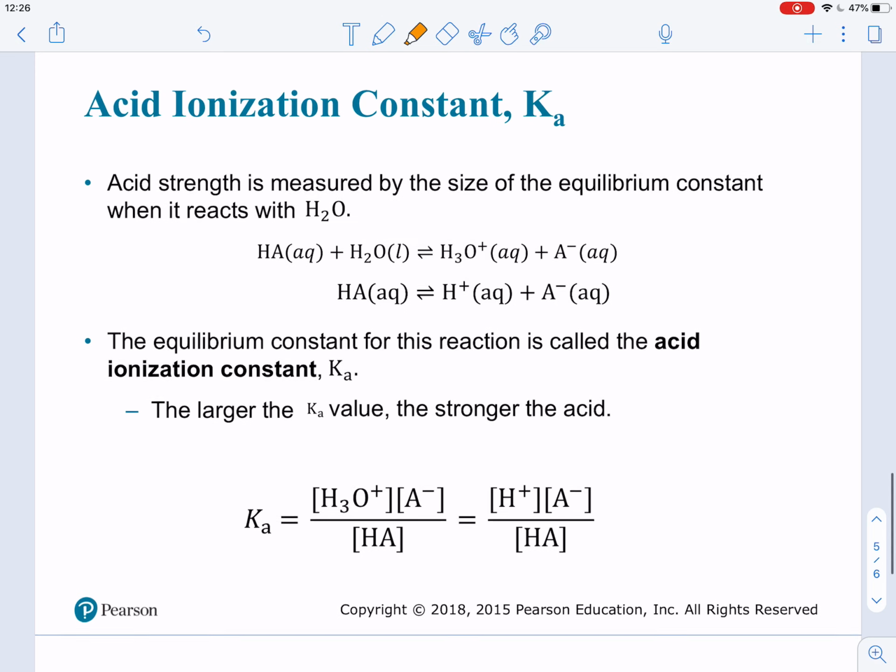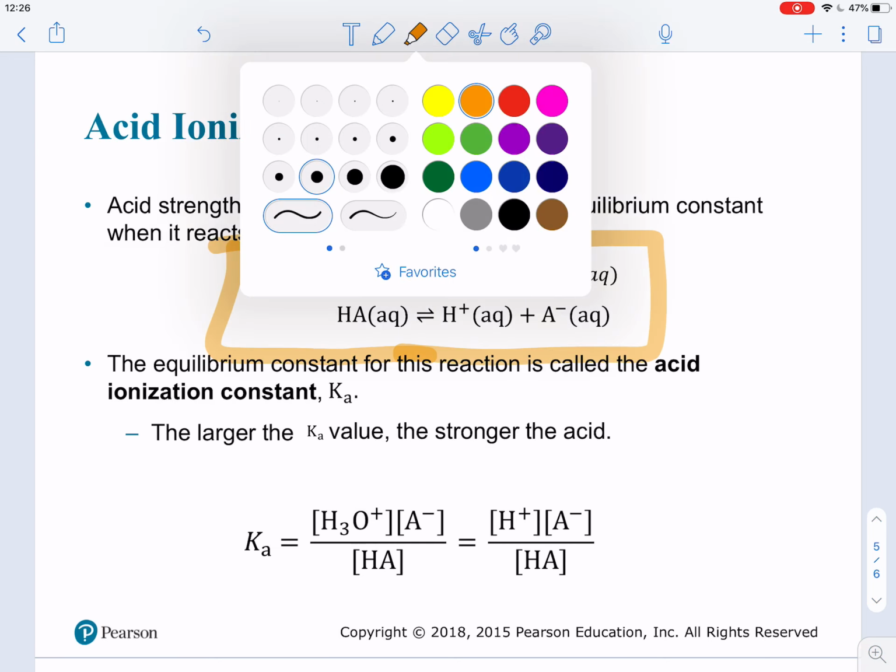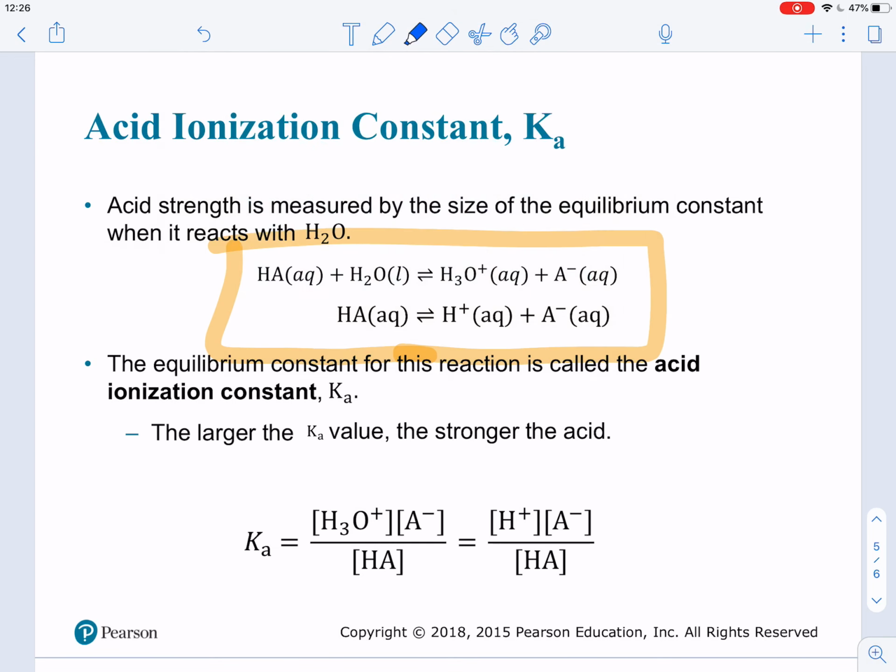Okay, we have been sort of covering this already. As I said before, these are the two equations that you can use to refer to acid equilibrium. Because water here is in the liquid form, you don't see water there in the equilibrium constant expression. Okay, you only have the hydronium, the conjugate base, and the acid.